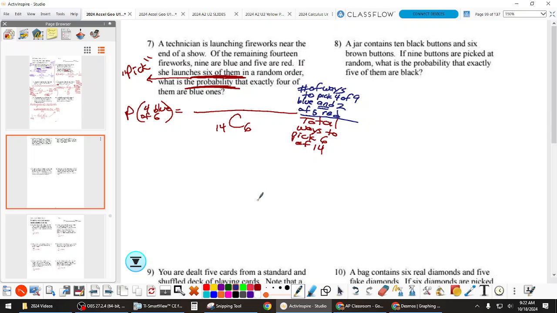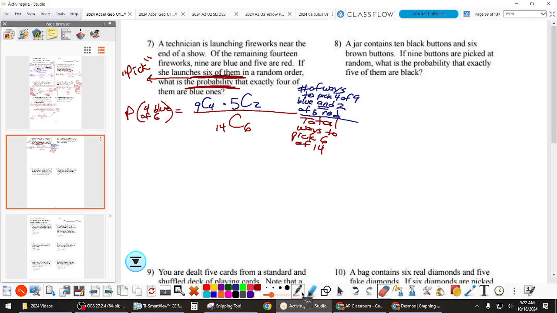Everybody good on those? Okay. What did we say yesterday when you do an and? Crud, I forgot to do the example in your notes. Huh? Yeah. So 9 choose 4 times 5 choose 2, and then plug all that stuff in your calculator.